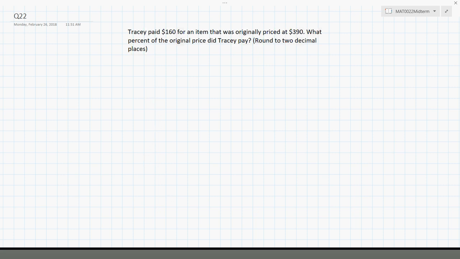So what we'll do is we will divide 160 by 390, right? Does 390 go into 1? No. 16? No. 160? No. Now here's the key point.